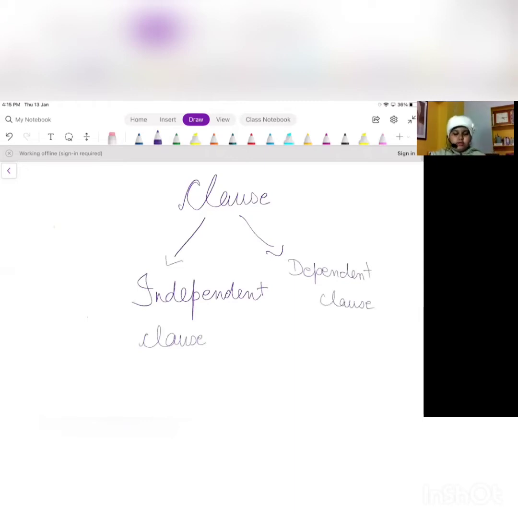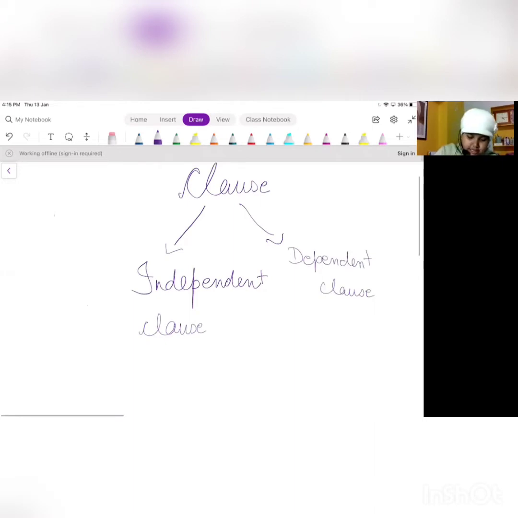From the name you can understand that independent clause is equal to main clause, and dependent clause is always dependent on main clause.